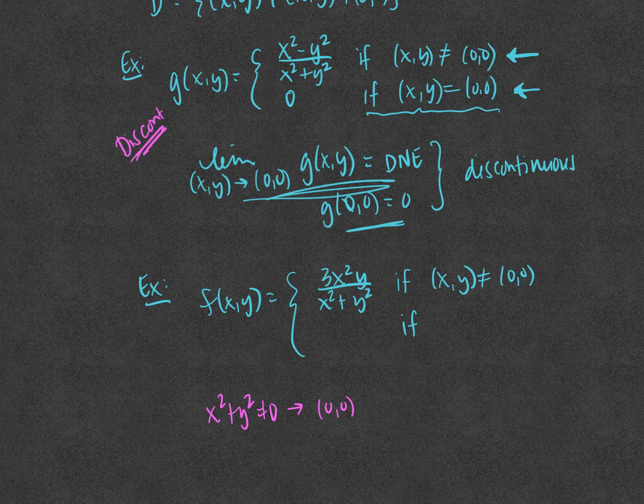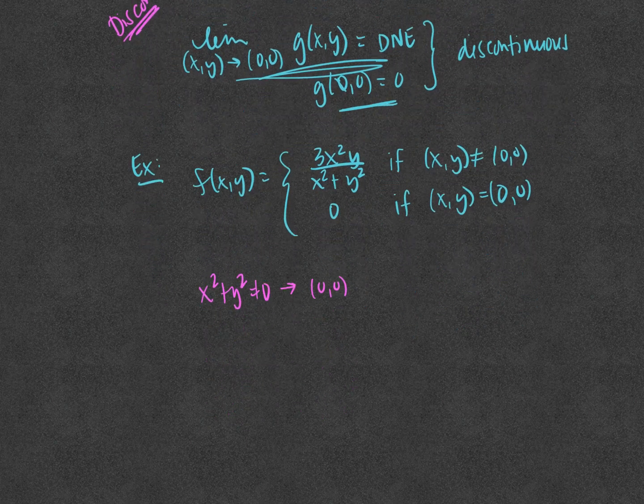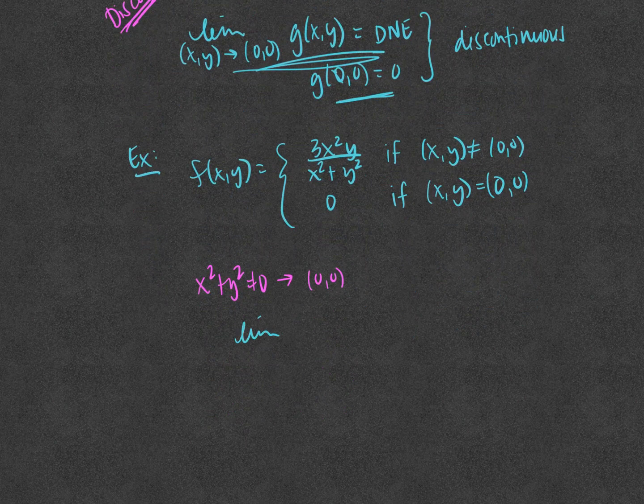So let's check this one out. They define the piecewise function to be 0 if x,y equals 0,0. Go back in the video if you need to and look at it. We found the limit as x,y approaches 0,0 of 3x squared y over x squared plus y squared to be 0 by the squeeze theorem.